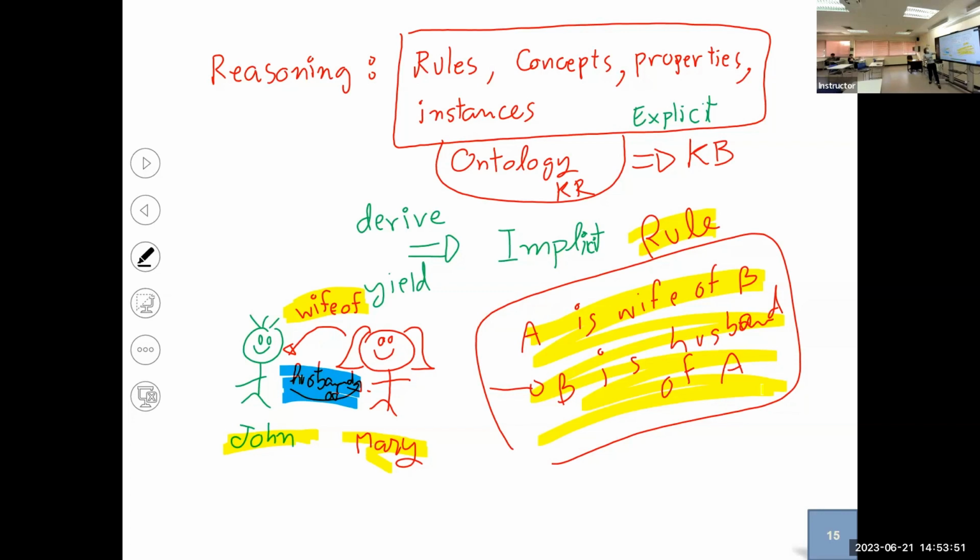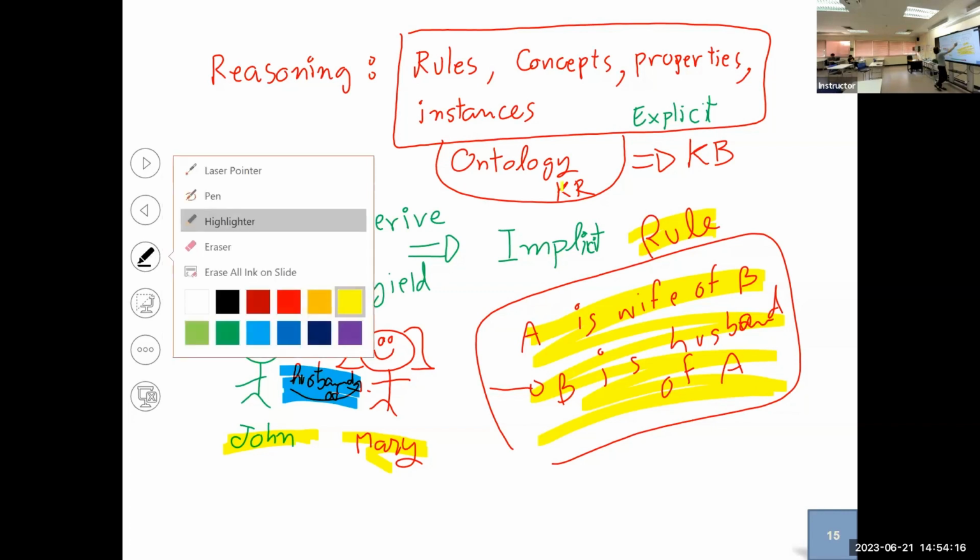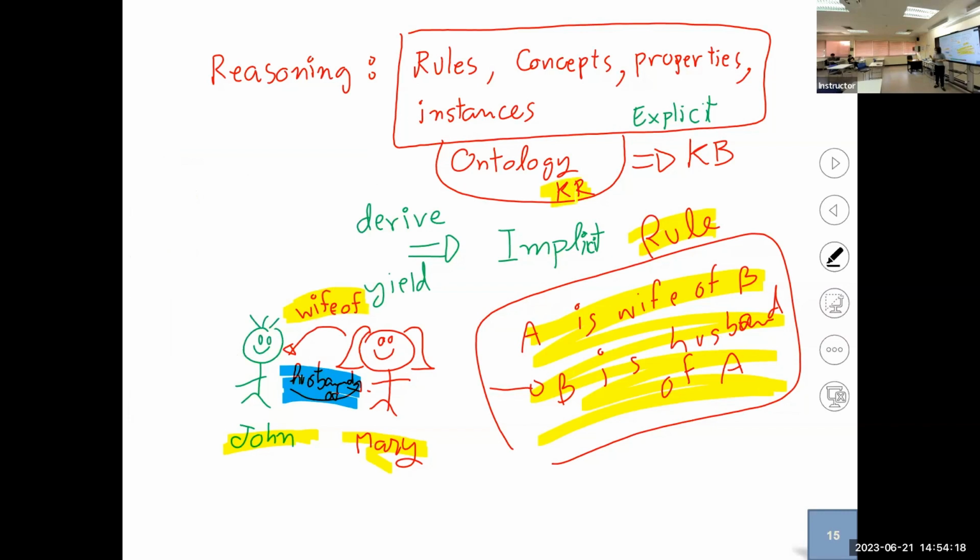If you can define some rules, some classes, some concepts, some properties, plus certain knowledge and some rules, you will be able to perform reasoning to derive something that may not be explicitly defined. That is what we learn in knowledge representation. We represent knowledge, but you don't want to represent everything explicitly, right?